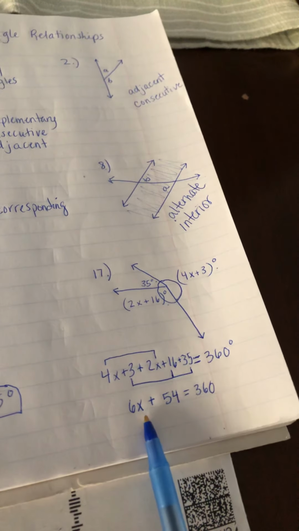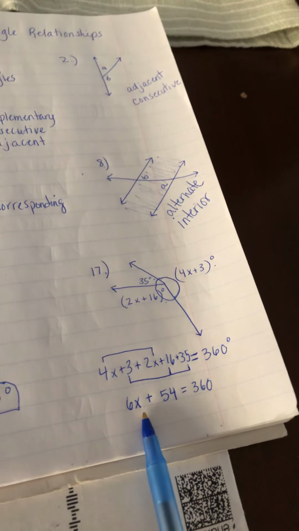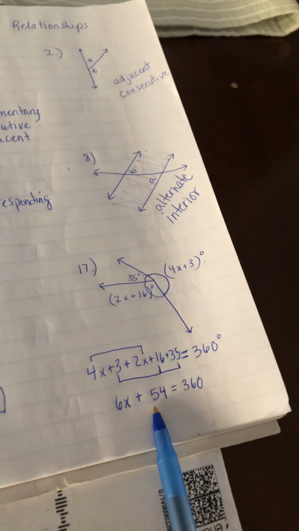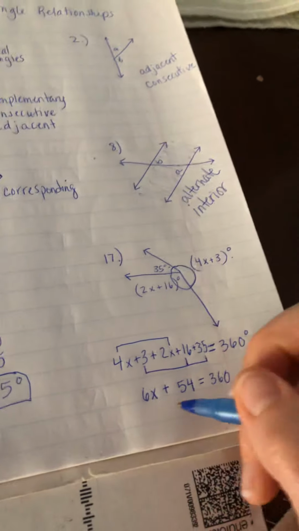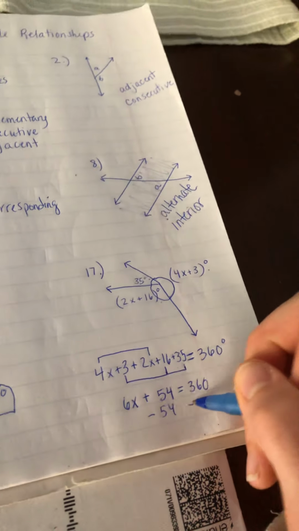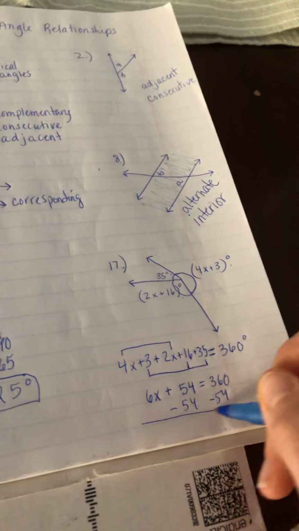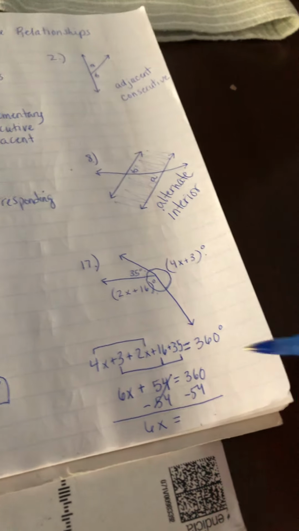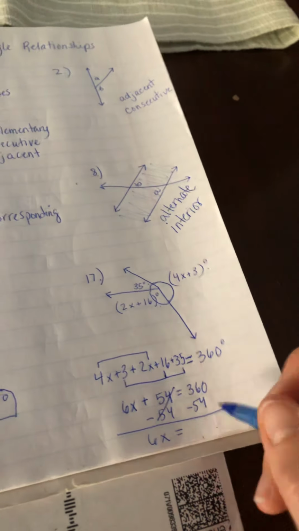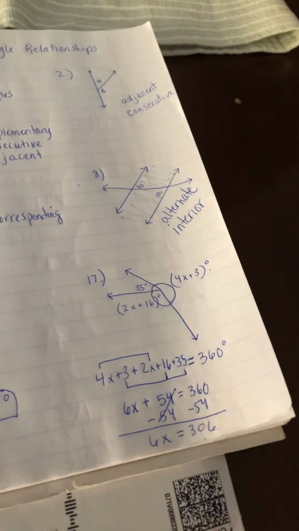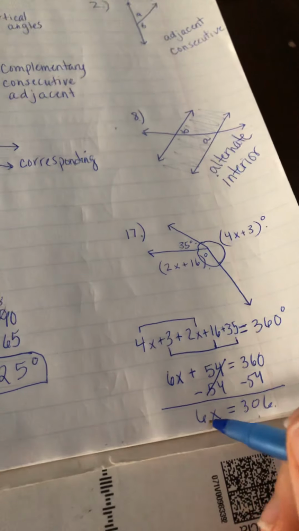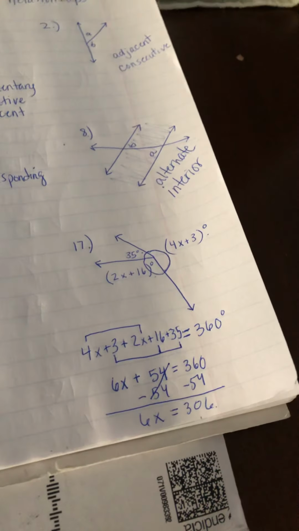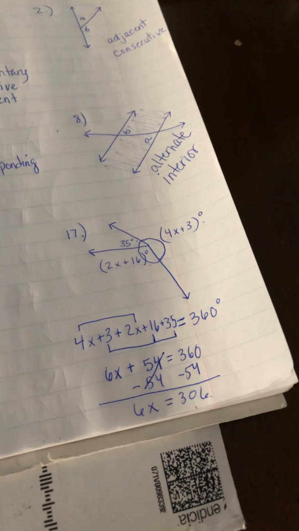How do I get rid of all the numbers next to the x in order to solve? Well, I got to take away 54. Minus 54, minus 54. This cancels out. You get 6x equals, let's see, 306. Now, we have 6 times x. If I want to get rid of the 6, I need to undo times.